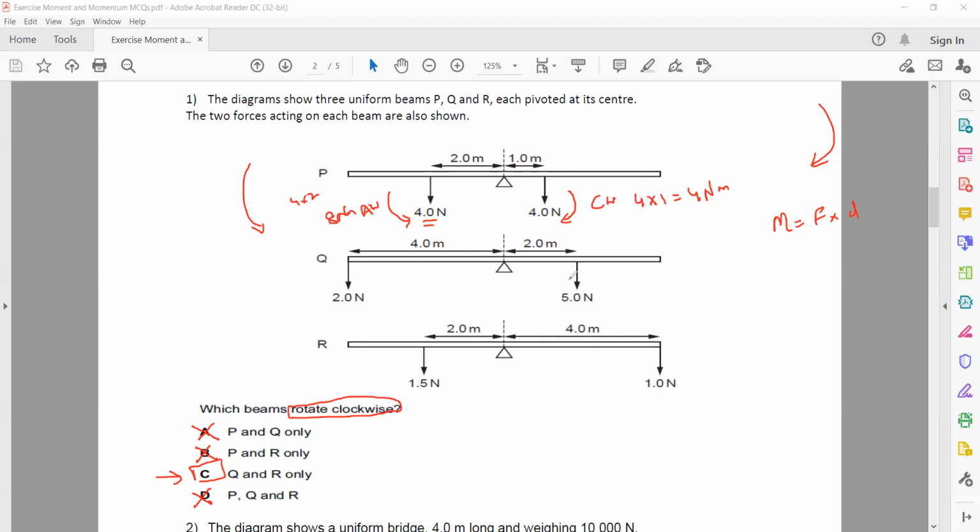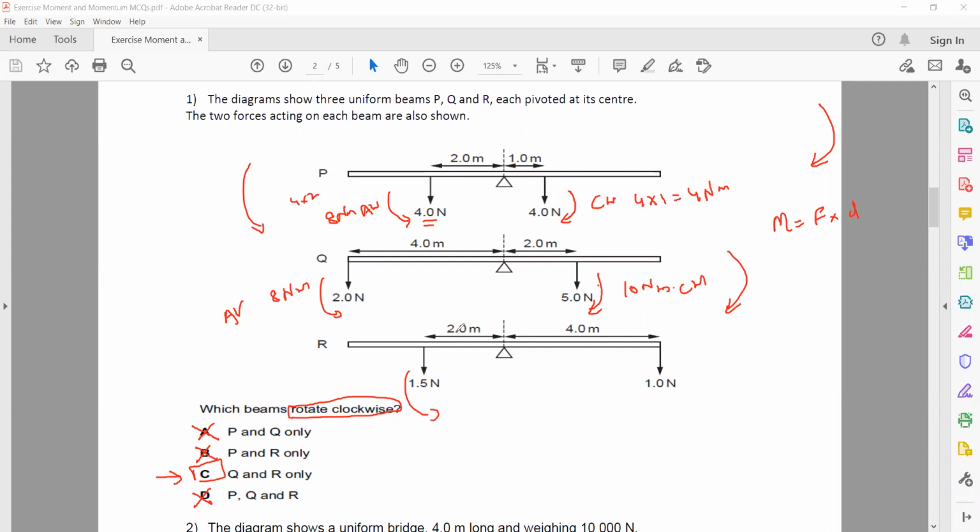When we check Q, the clockwise moment will be 5 multiplied by 2, that is 10 Newton meter. And for the anti-clockwise moment, 2 multiplied by 4, that's equal to 8 Newton meter. Because the clockwise moment is more, this will rotate clockwise.